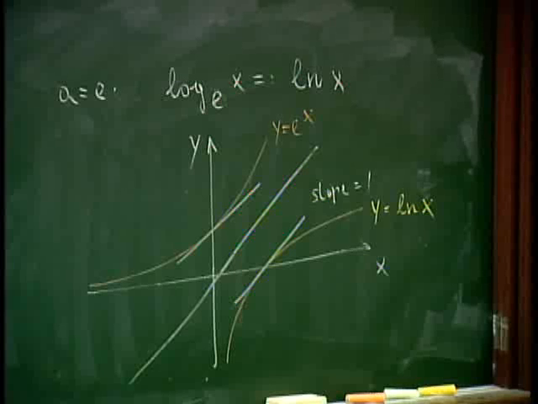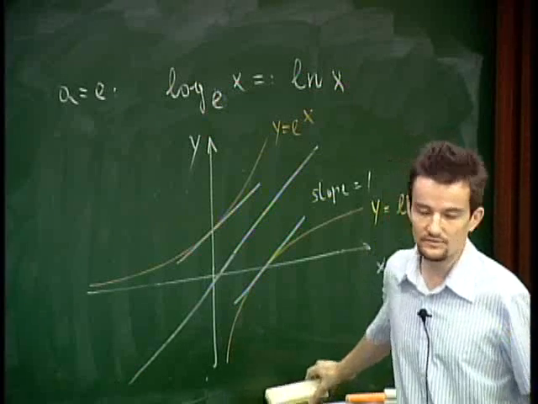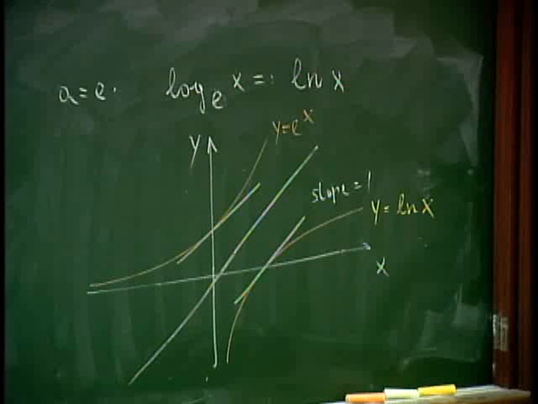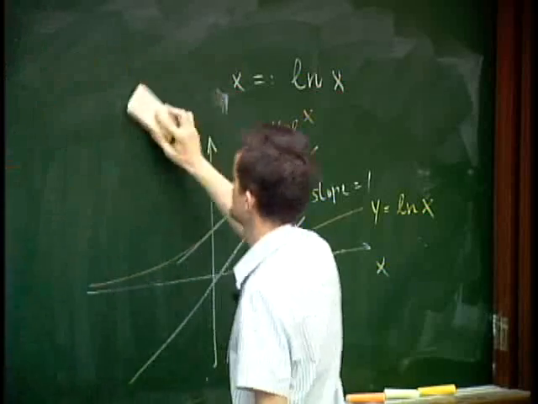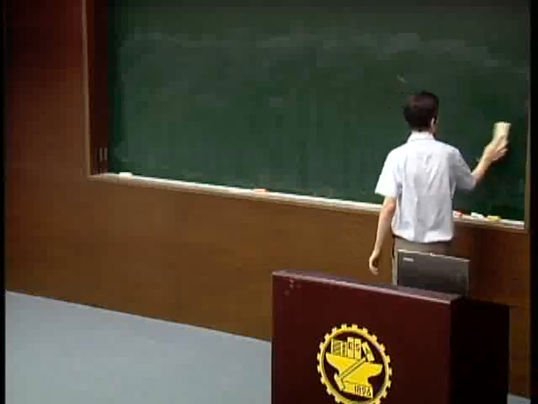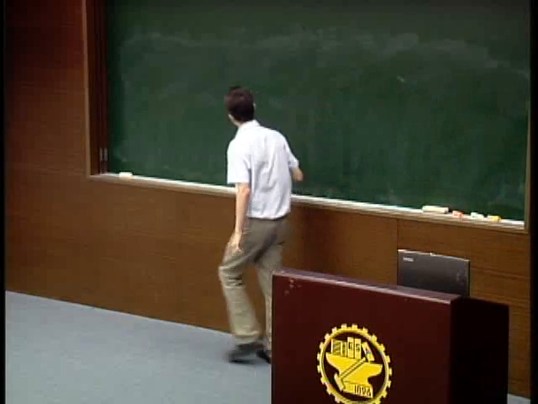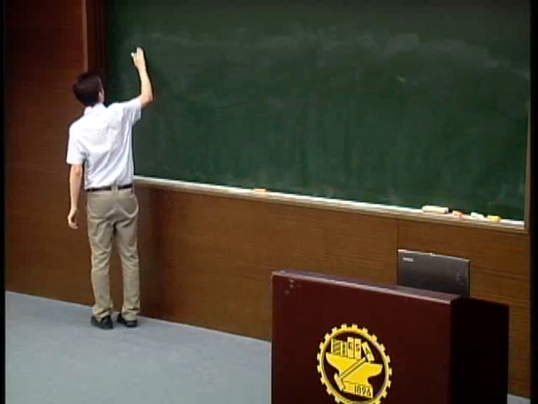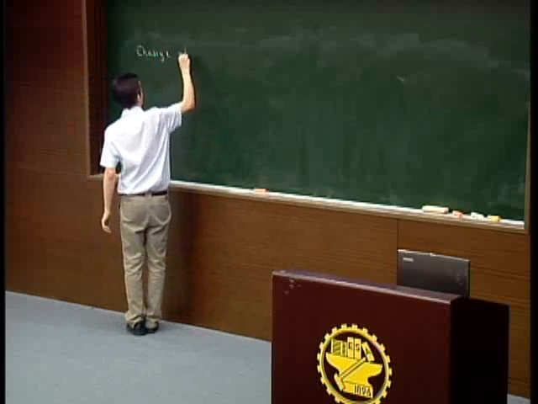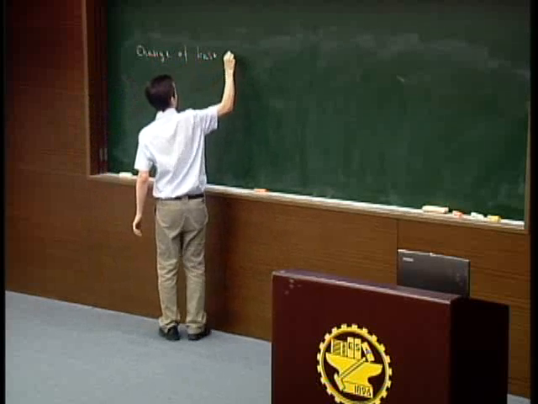Now, as you know already from high school, actually, one logarithm would be enough. So you don't need so many because they are all interrelated. Okay, you have what our textbook calls the change of base formula.